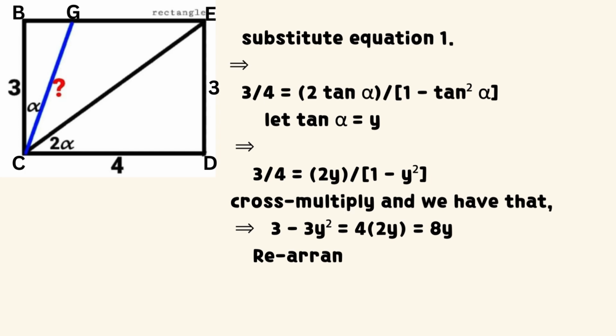Let tan alpha equal y. Hence, 3 divided by 4 equals 2 times y, all divided by 1 minus the square of y.